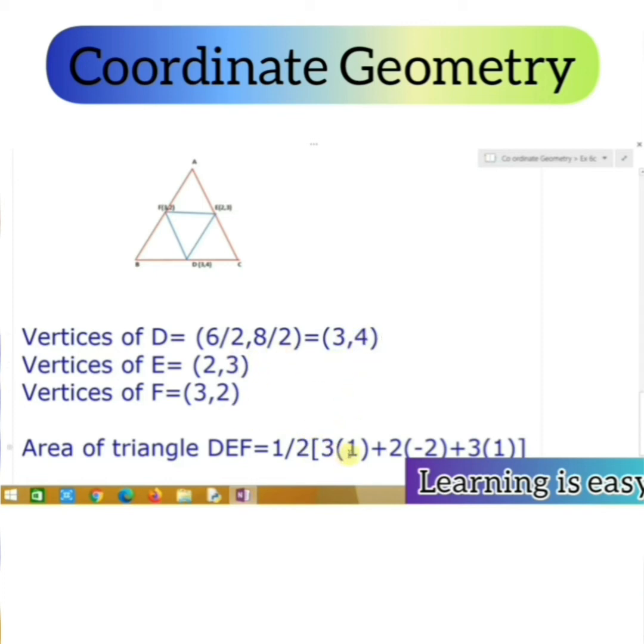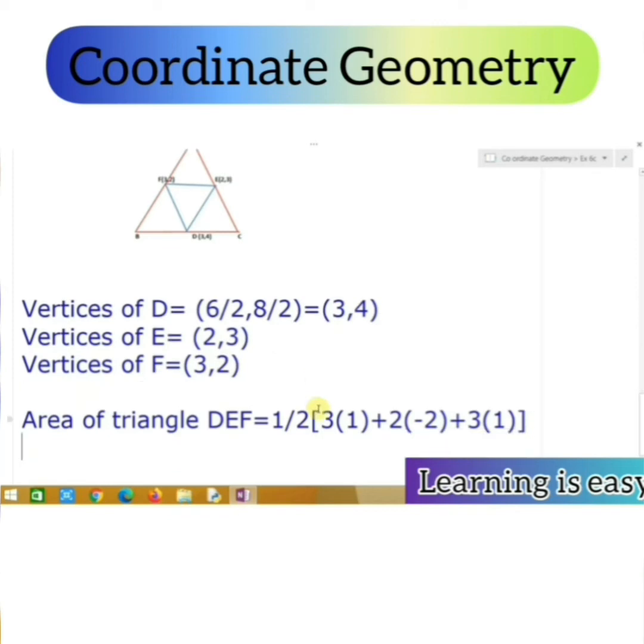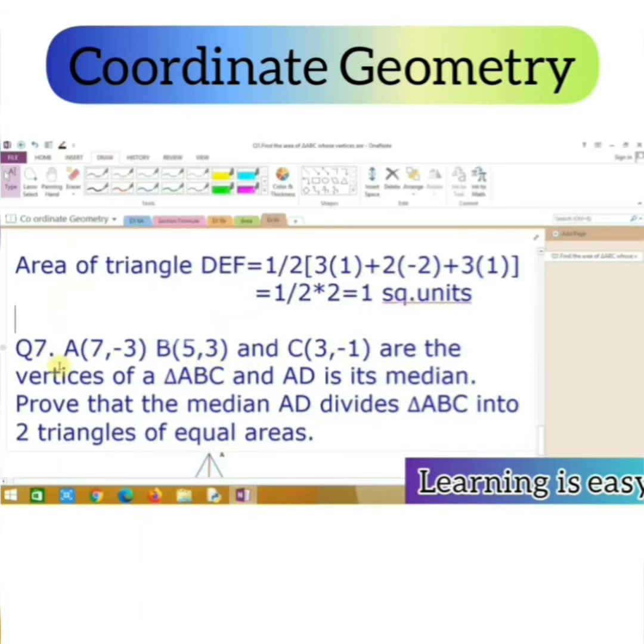That's half into 3 minus 4 plus 3, which is going to be half into 2, that's 1 square unit. So the area of the triangle DEF is 1 square unit.